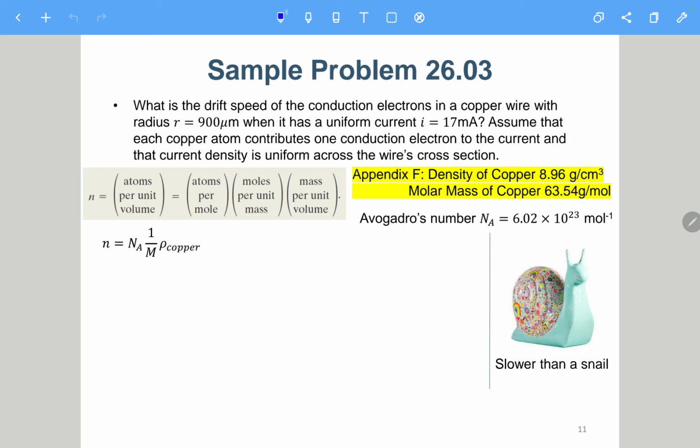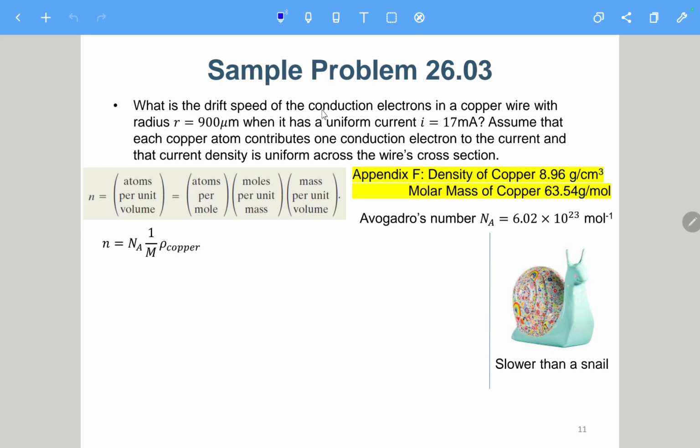Okay, so next we have another sample problem. Here it asks what is the drift speed or drift velocity; speed is a scalar, velocity is a vector.